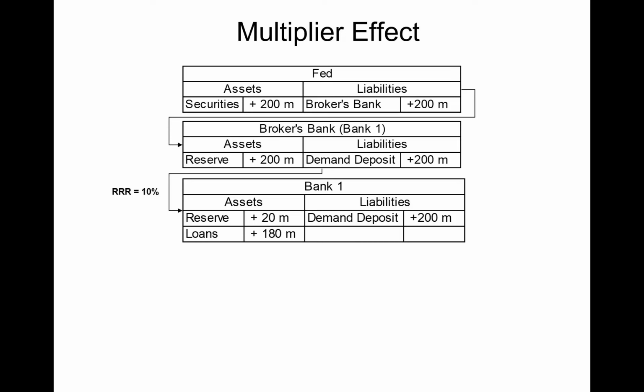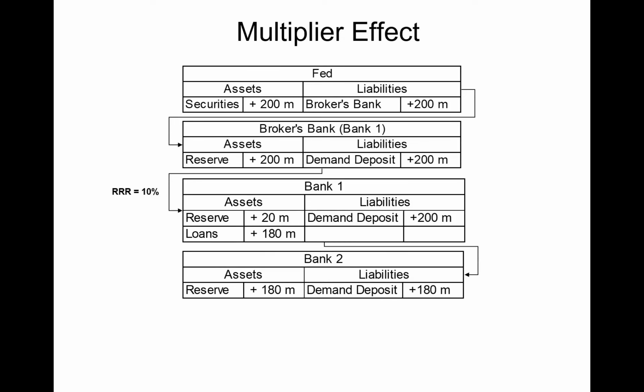Now what happens is, because this loan was created, funds worth $180 million were given to another party by Bank 1. So this loan now becomes a deposit with Bank 2. Bank 2 now has $180 million worth of deposit, which increases its reserves by $180 million.